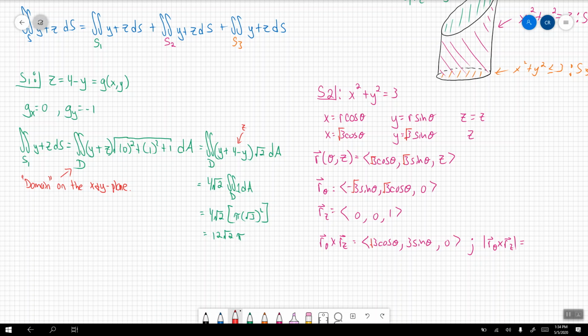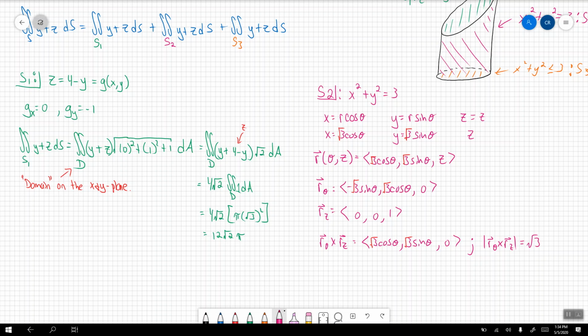Alright. Radius here, radius here. There we go, perfect. So now when we take this magnitude, we should just get the Pythagorean identity in here for cosine squared plus sine squared and root 3 as the result. So the magnitude of the cross product is just going to be root 3.